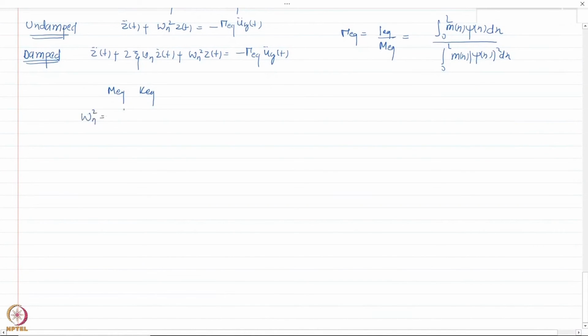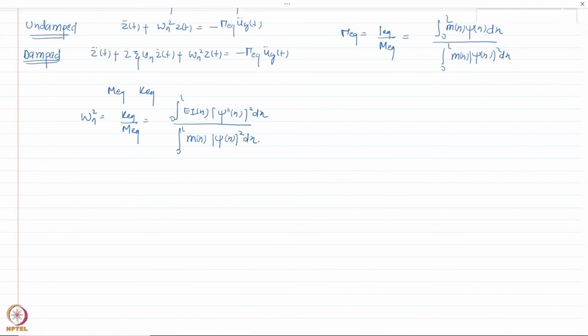So the frequency square would be K equivalent divided by M equivalent, which is integral 0 to L of EI x times phi double dash x square dx divided by integral 0 to L of mx phi x square dx. Okay, and then that would give me the frequency and subsequently the time period of the system.